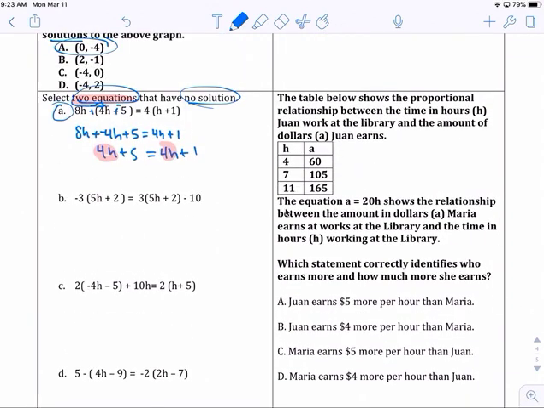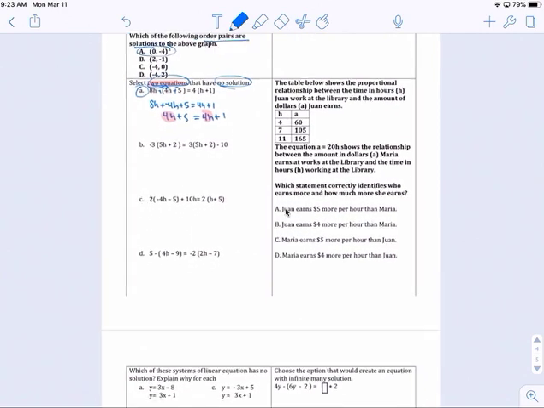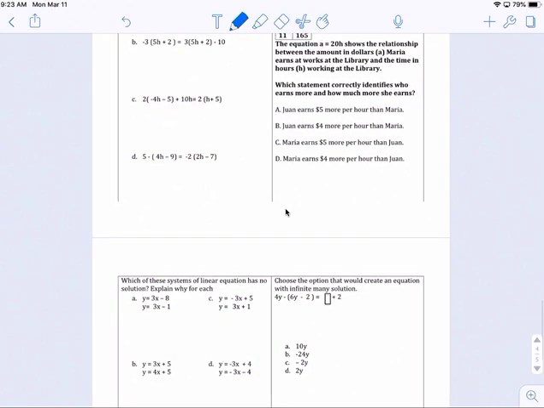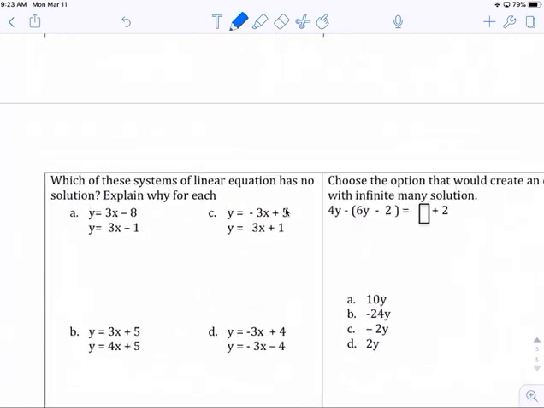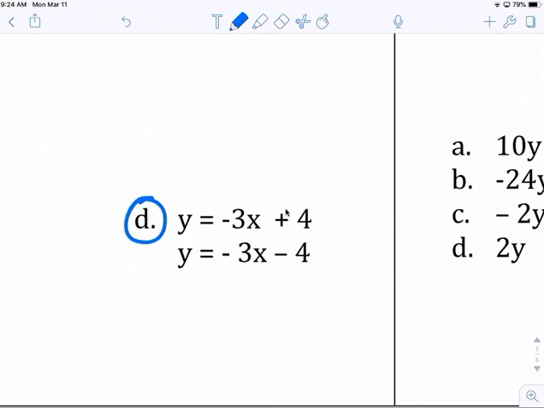There's 2 of them. Okay, I'll do this one here because some of you may have a hard time with this one. Remember which one has no solution. Explain why for each. Okay, there's 2 of them with no solution. I'll check this one off. No solution.